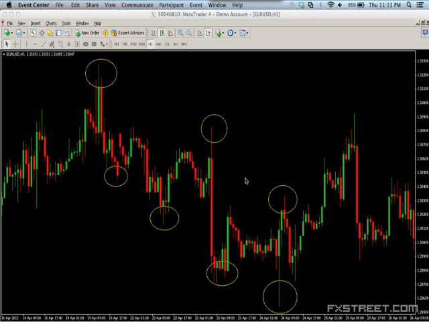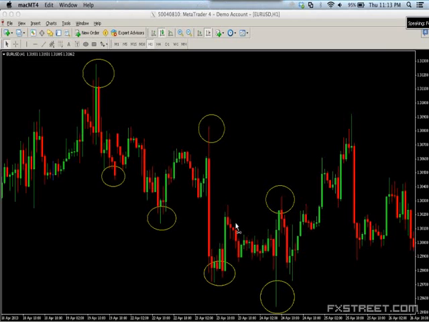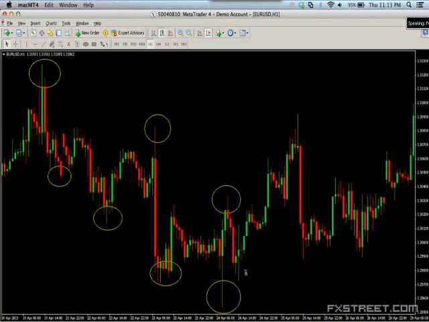Now that I have the market going down like this, the moment I get another low that's a higher low, you're like, this is just my higher low. I don't have my higher high yet. This is just your indication that this may be the area where the market turns.